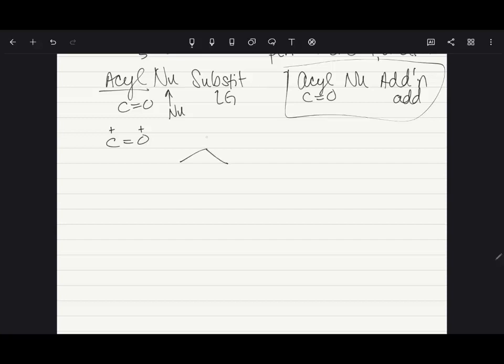So the generic mechanism is you take your carbonyl with whatever groups are on your carbonyl, whether they're carbons or, instead of carbons, we could have had hydrogens. So we're talking about ketones or aldehydes specifically for the addition. The other carbonyls we'll focus on for substitution.